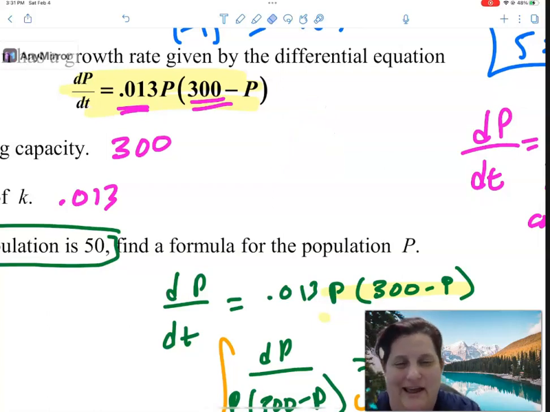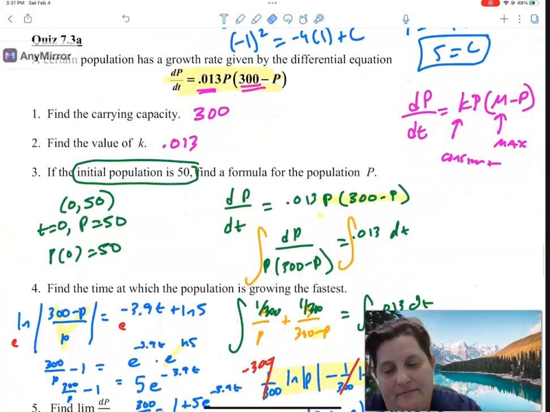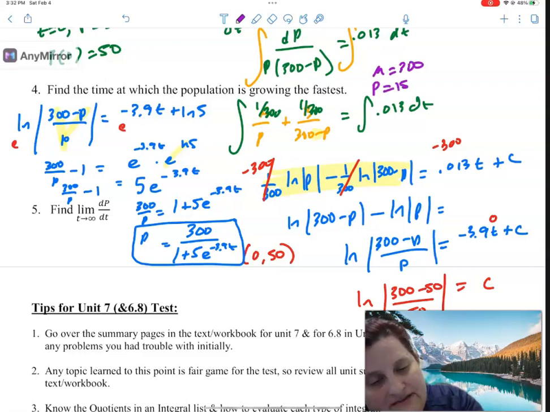Anyway, it has to do with negative b over 2a. At half the maximum is when the population growth is the fastest. So if the maximum equals 300, it's growing the fastest when the population is 150.